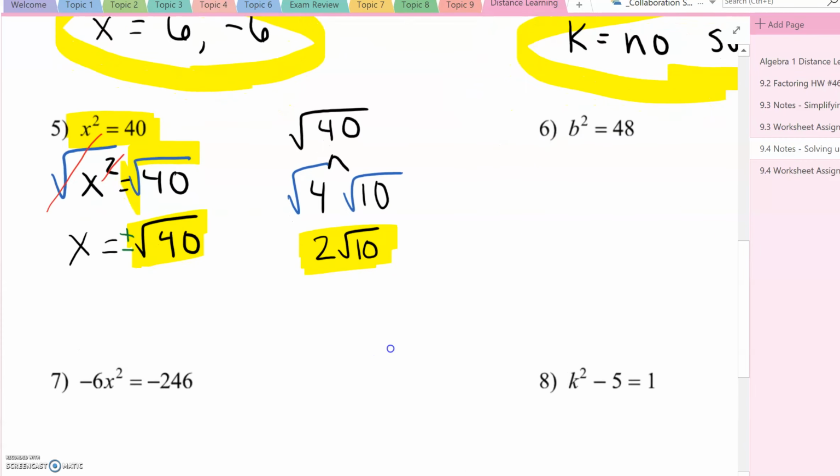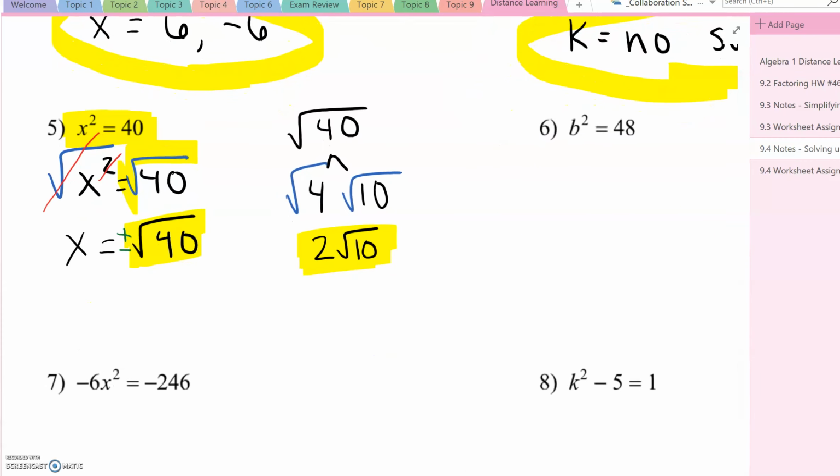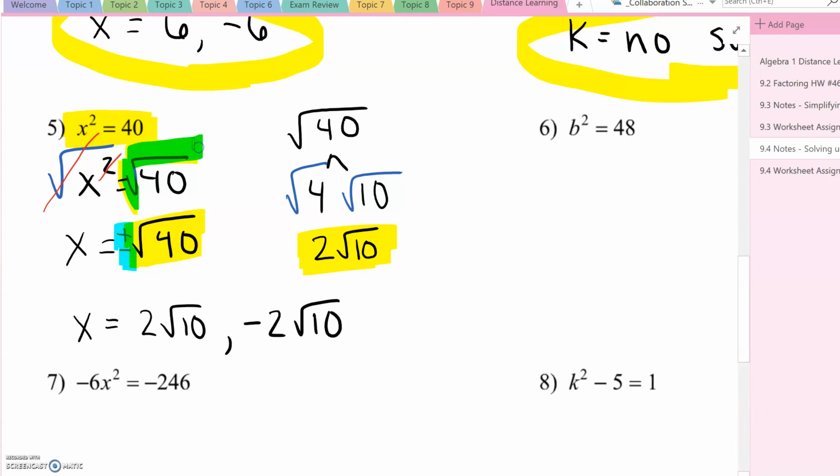So in our problem number 5 here, we get that x equals a positive 2 square root of 10. But we also know from this sign here that x is going to equal a -2 square root of 10. Now remember, 2 square root of 10 was just our simplified version of the square root of 40. But when we draw in that square root, that means we have to put a plus or minus sign out front.